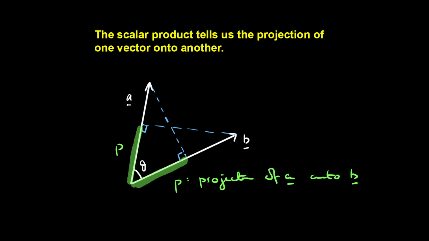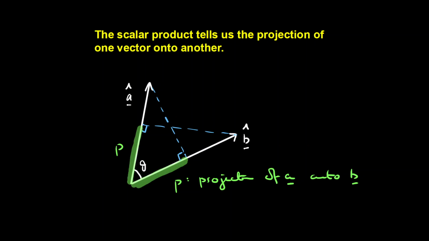Now then, in the case where A and B are unit vectors, so they're both vectors of size 1, so both A and B have a magnitude of 1, these two projections are going to be the same. So the projection of A onto B is the same as the projection of B onto A. That's an important thing to note at the start, because we can say that the scalar product of A dot B is going to be the same as B dot A, because these two projections here are identical.